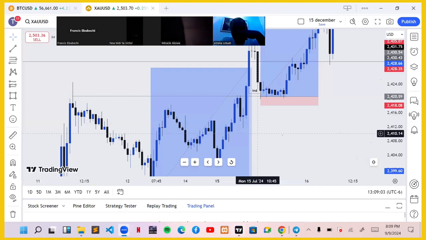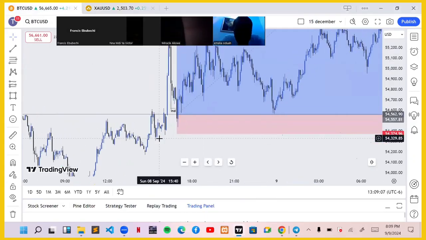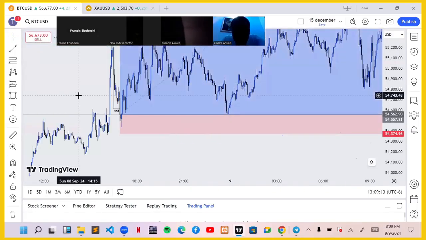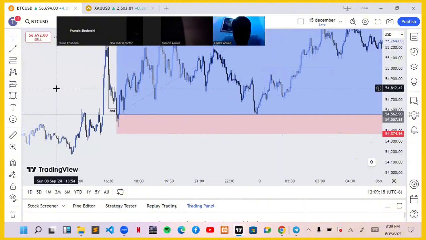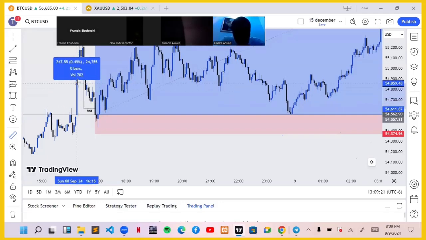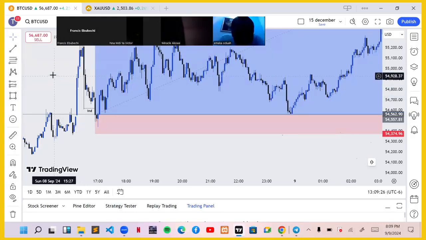The inducement on BTC actually went up 50%. Let me look at the 3 minutes time frame. It did go up to 50% on BTC. This is the whole inducement of BTC, the move from here to here. I was looking at it from the 5 minutes time frame.